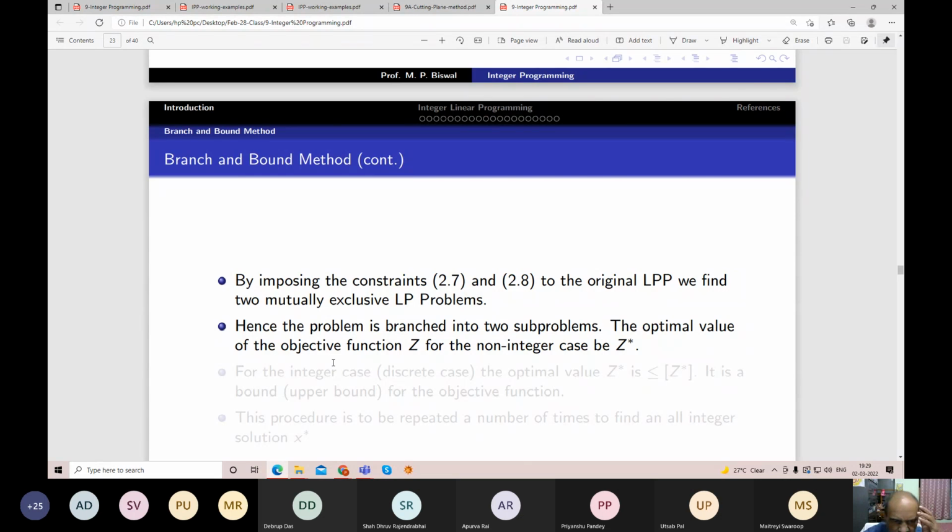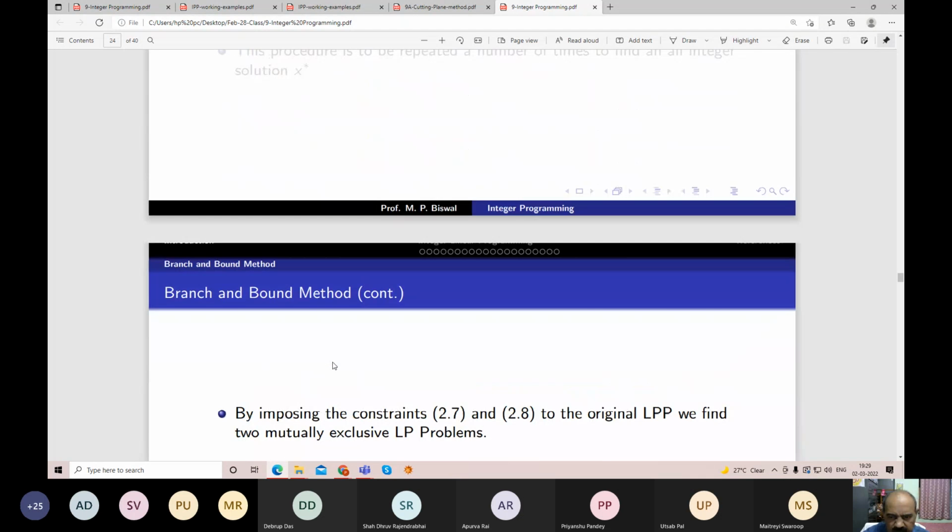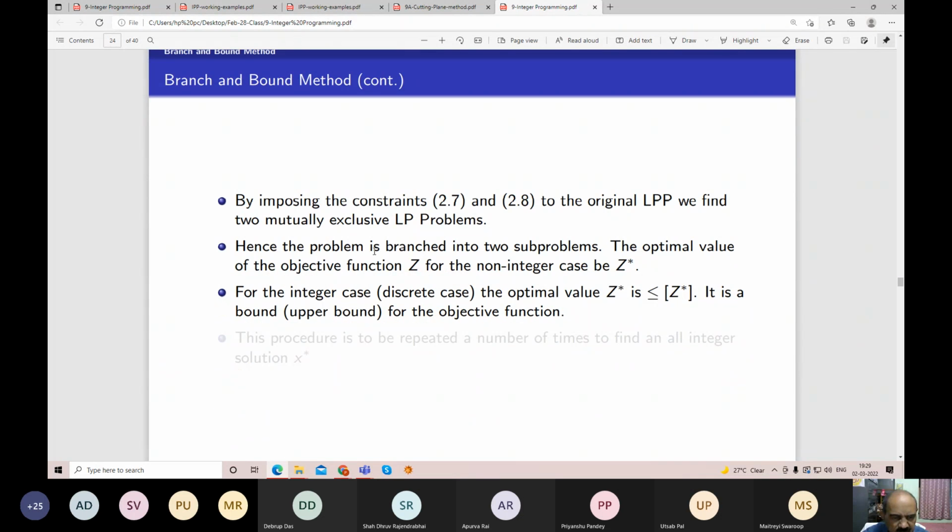The optimal value of the objective function z for the non-integer case is z star. For the integer case, integer being discrete, the optimal value has to be less than or equal to the integral part of z star. It is an upper bound to the objective function.